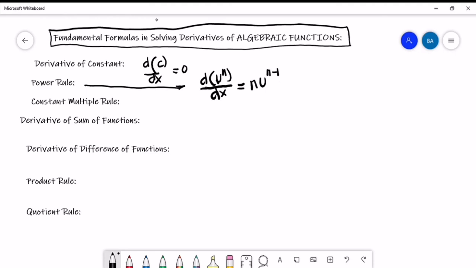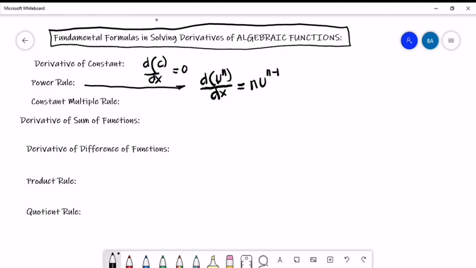Okay, sorry. So our formula for the power rule is the derivative of u raised to n with respect to x equals n, where n is the exponent of the same u, times u raised to n minus 1. So that is the formula for the power rule.